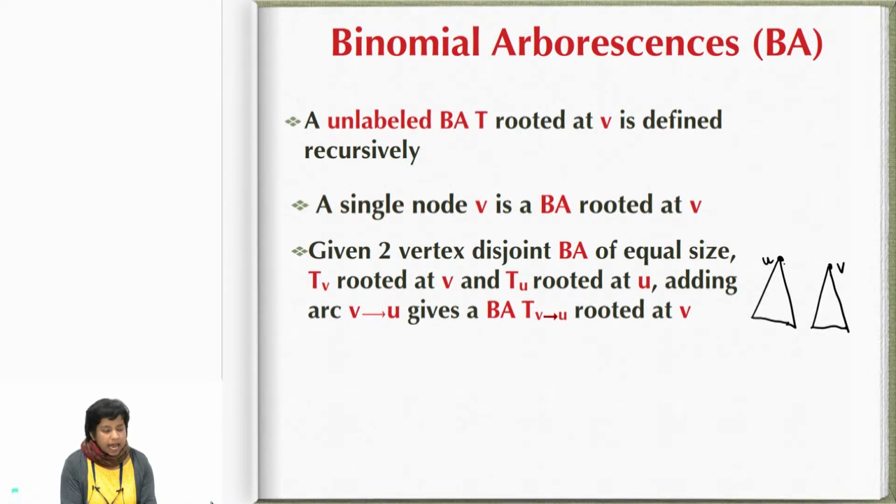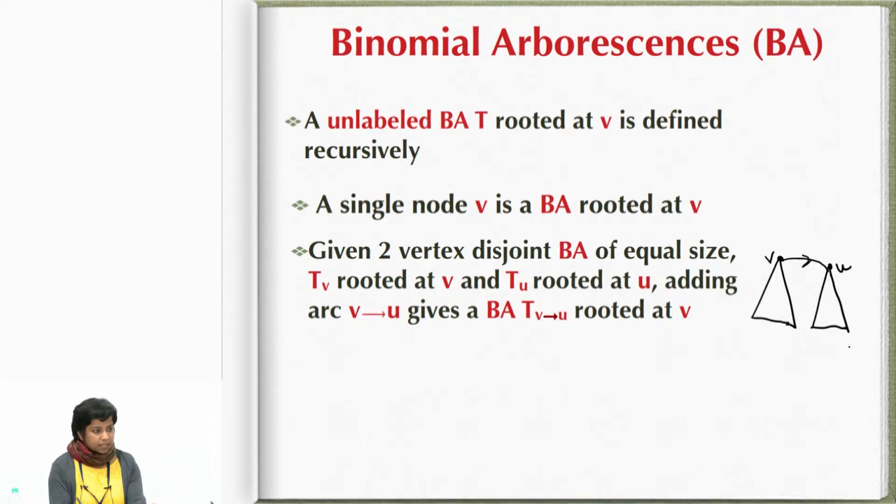I can add an arc from U to V or V to U, whichever direction I want, and I have basically created a bigger one. I'm new with this particular technology, so hopefully you'll forgive me if I'm clumsy. So this is now an SBA with double the size, right? This is now a tree whose number of vertices is the number of vertices in this tree plus the number of vertices in this tree. I started out by saying they are of equal size.